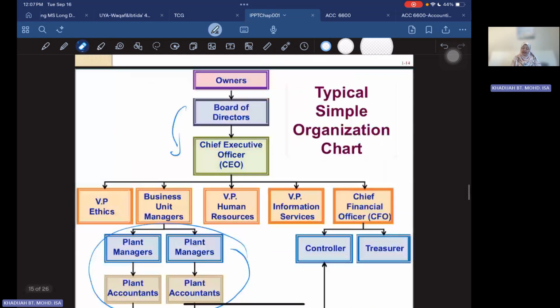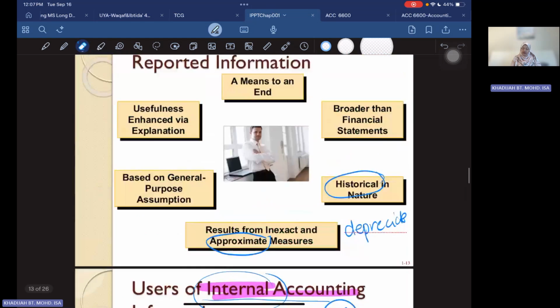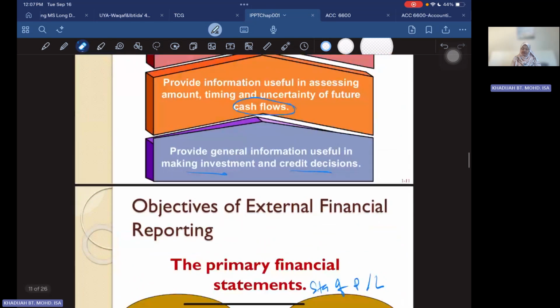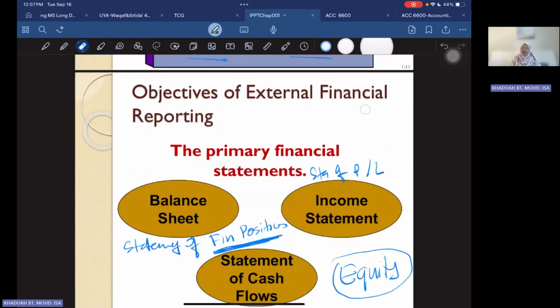But when we go back again, we look at the objective of the external financial accounting. So this one is the FA, right?